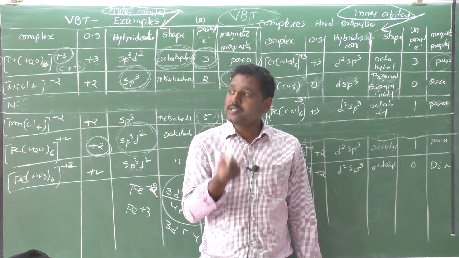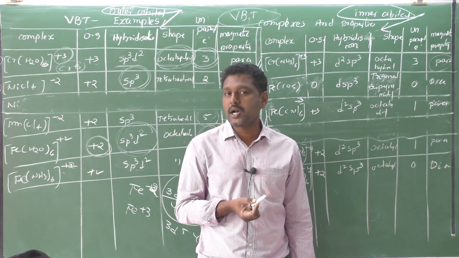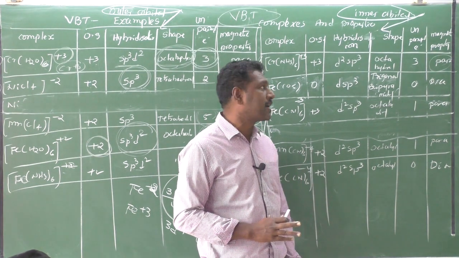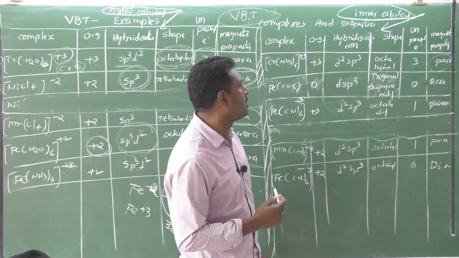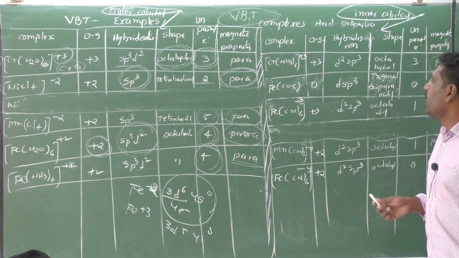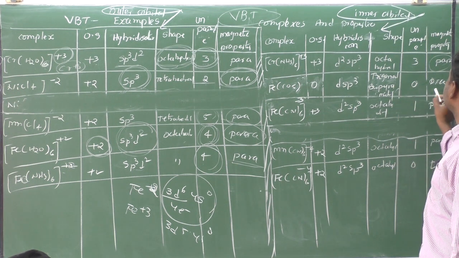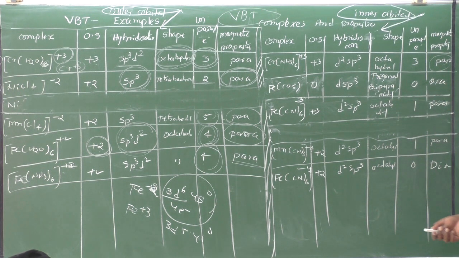Most compounds among inner orbital complexes are low spin because pairing of electrons takes place based on the ligand. After that, Fe(CO)5, it is dsp3 hybridization, trigonal bipyramidal, 0 unpaired electrons, diamagnetic.